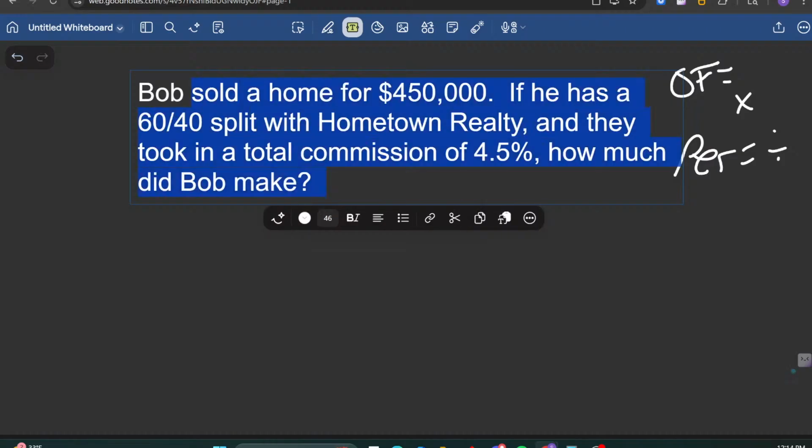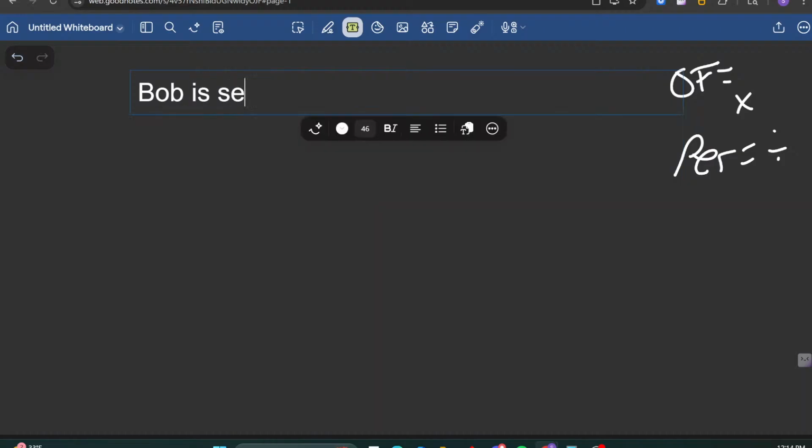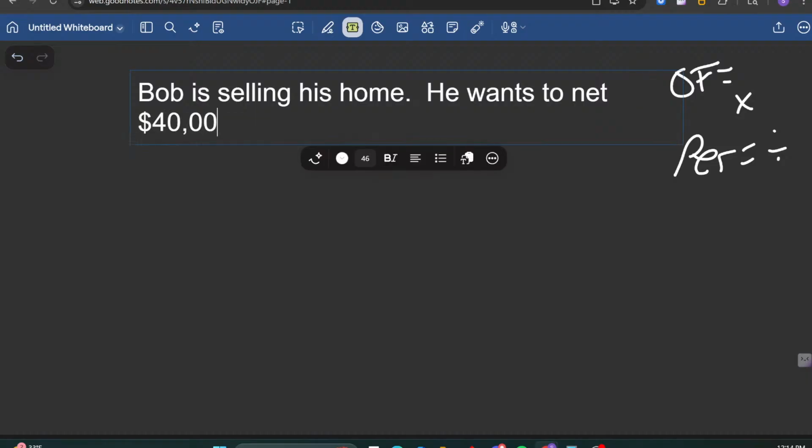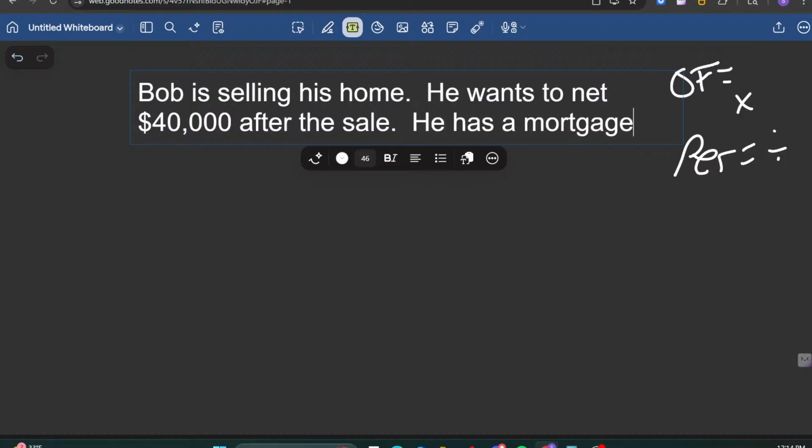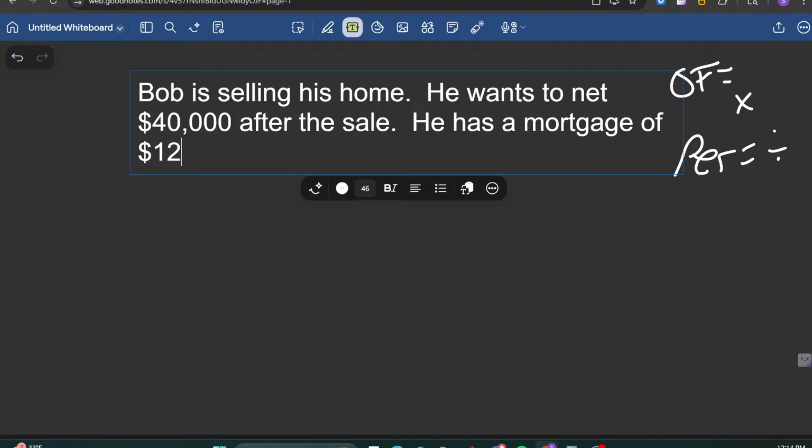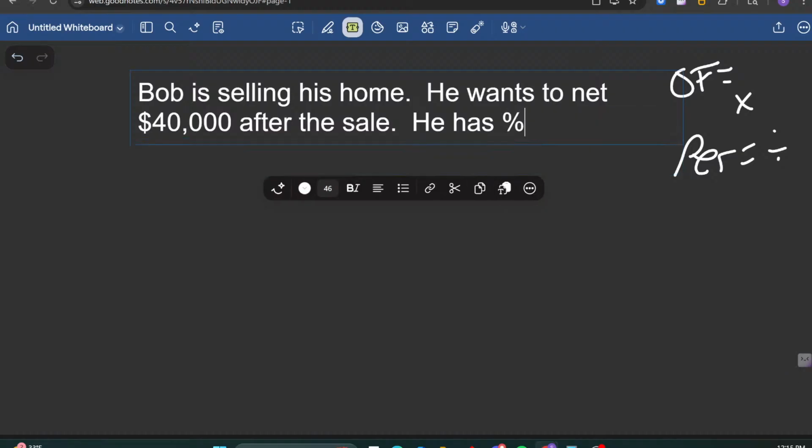We're going to keep Bob up there. Bob is selling his home. He wants to net 40,000 after the sale. He has a mortgage of 120,000. Oh, we're going to go backwards.